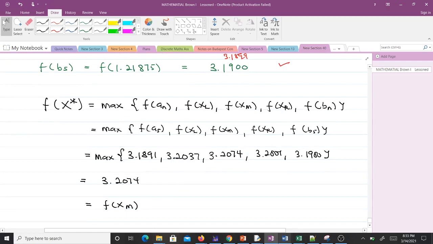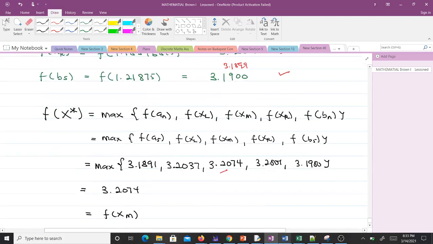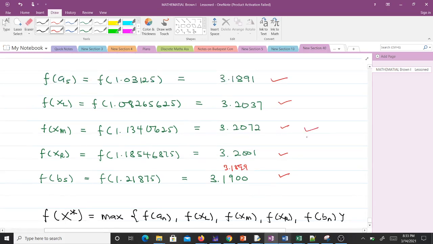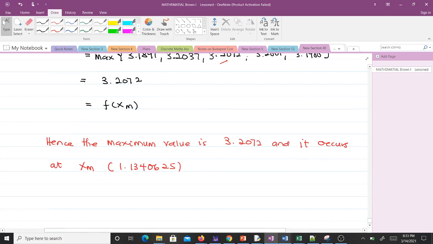So you can see the largest here is 3.2072, which corresponds to f of XM.